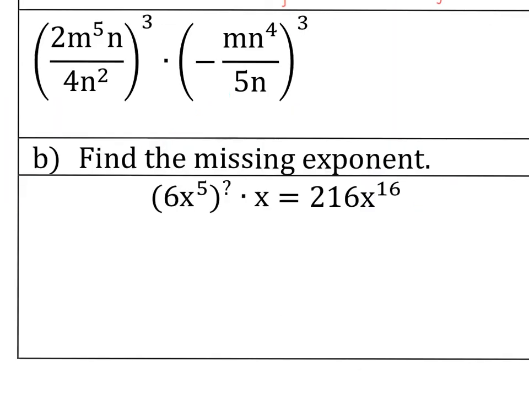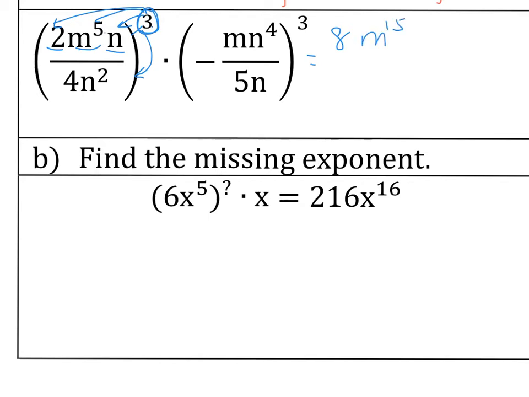Okay, I'm going to start skipping some steps now. First you need to share the 3 with the numerator and the denominator. Because there are 3 factors here, I still need to share the 3 with each of these factors. So 2 cubed gives you 8. And m to the 5th power times 3 gives you m to the 15th power.